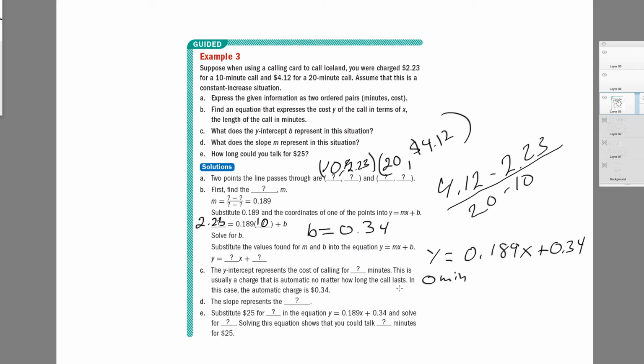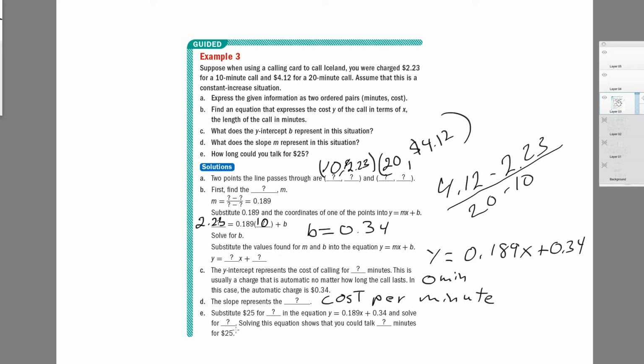And this is usually a charge that is automatic no matter how long the call lasts. In this case, the automatic charge is going to be 0.34. So as soon as the instant you make your call, you're charged 34 cents. The slope represents the rate of charging, or the dollars per minute, the cost per minute of calling. That's the slope.